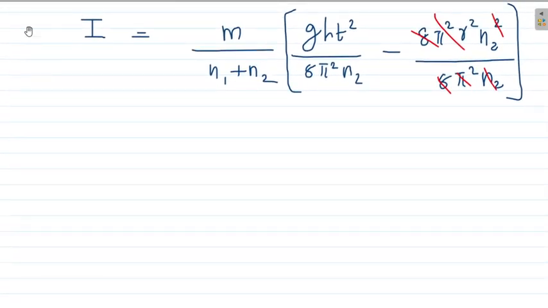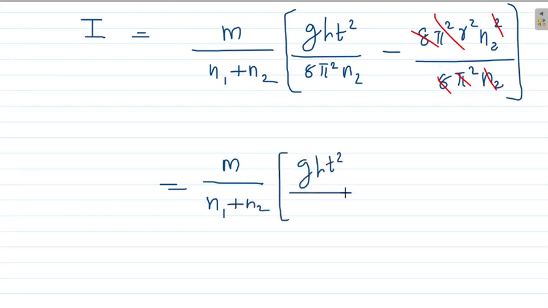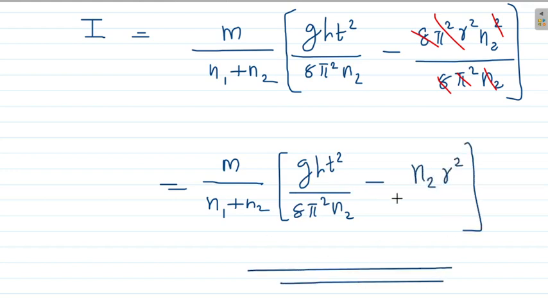So the final expression for the moment of inertia will be m divided by n1 plus n2 into gh t square divided by 8 pi square n2 minus n2 into r square. The various terms in this expression are as said in the experiment itself.